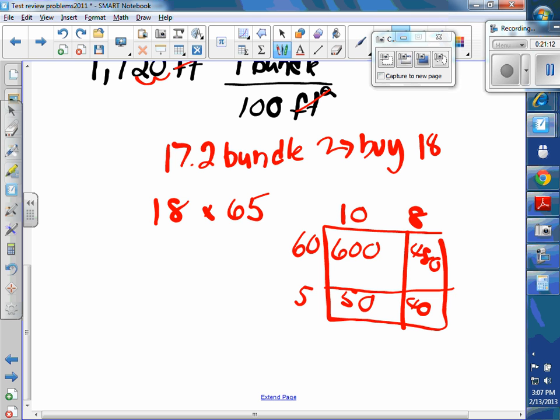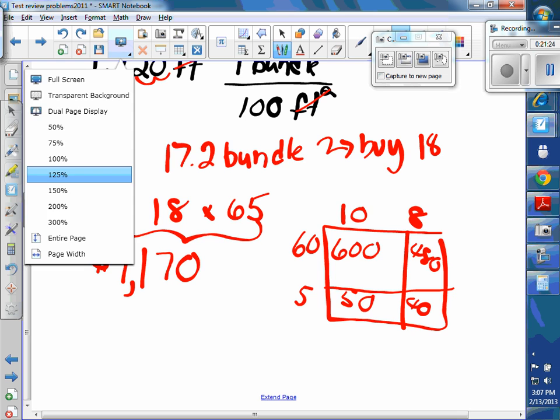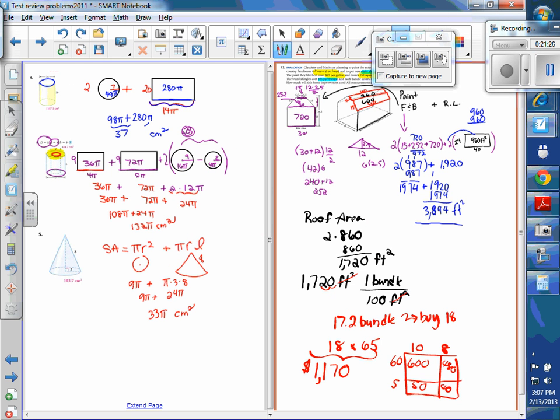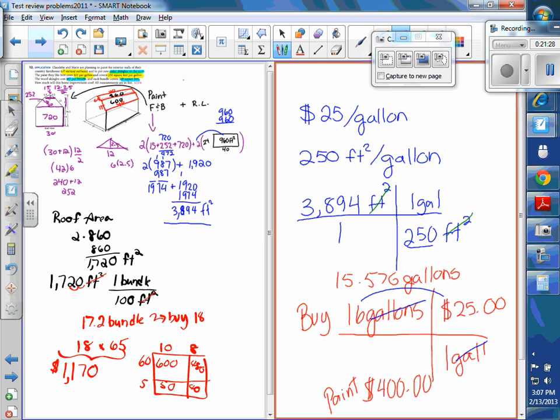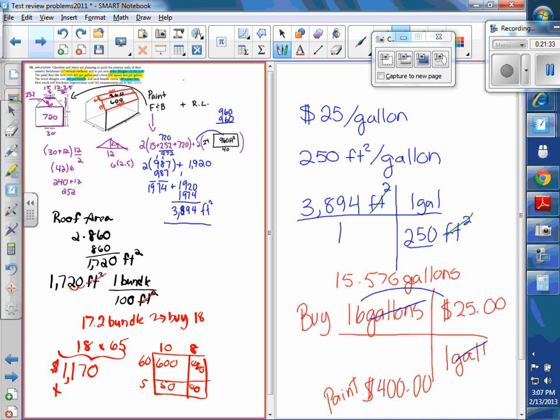So 1,080 plus 90, 1,170. So this is $1,170 plus 400 from the other page.